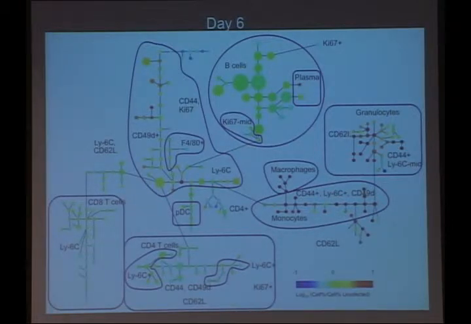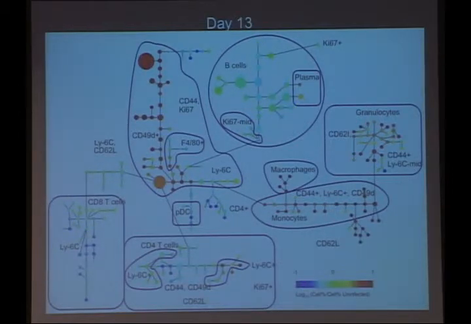And then as time goes on, we see expansion in this compartment here, and then the 49D positive Ly6C negative cells, which I think is a subset of granulocytes, but please just jump in and correct me if I'm wrong. These are expanding rapidly at the later days in the time course. And then eventually it starts to subside, and we do see activation of some Ly6C positive T cells down here.